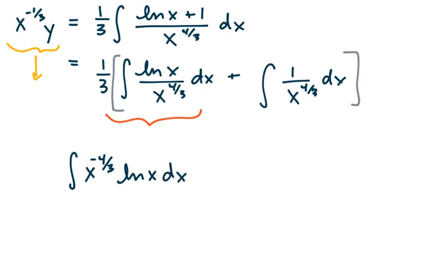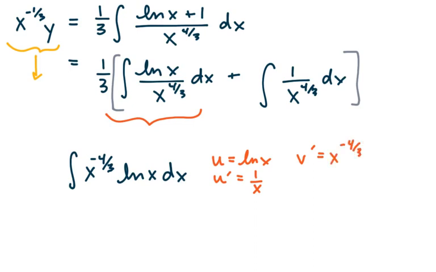And in order for us to do that, we'll do our integration by parts. So LIATE, I'm going to choose u to be ln x, so that means u prime is 1 over x. Then v prime is x to the negative 4/3. Integrating that to get v, I end up with negative 3x to the negative 1/3.